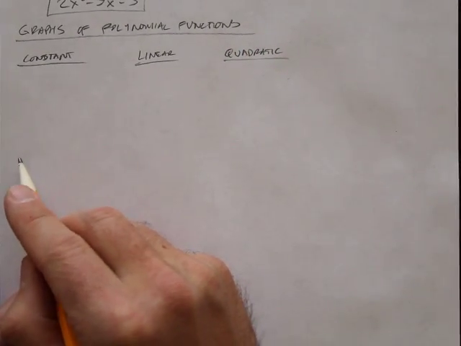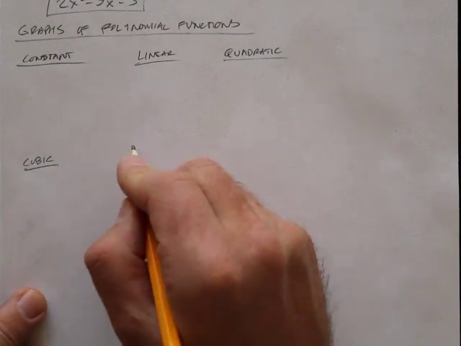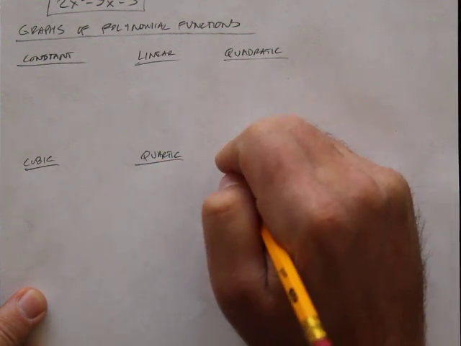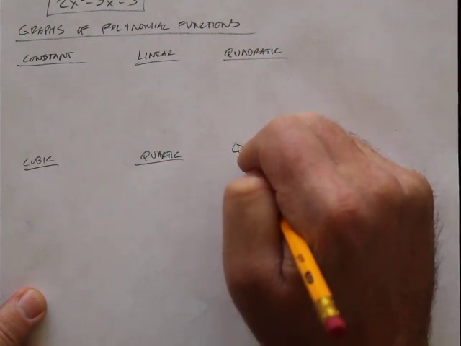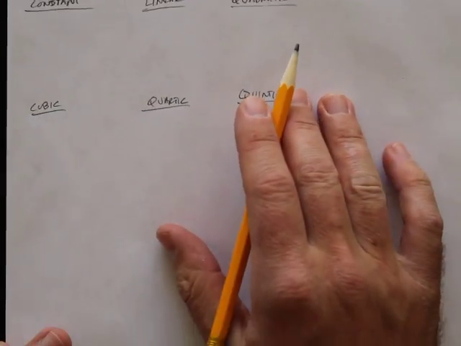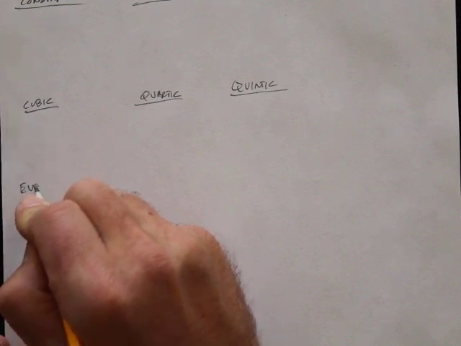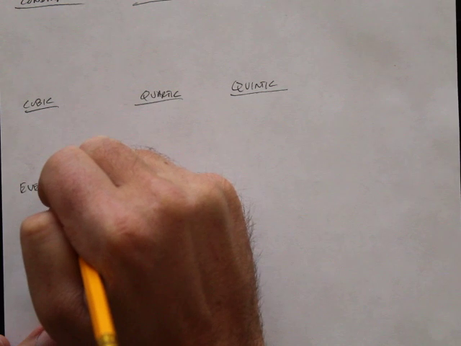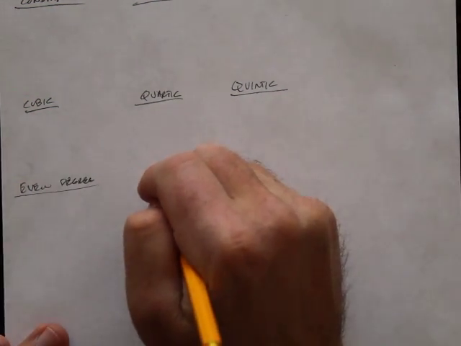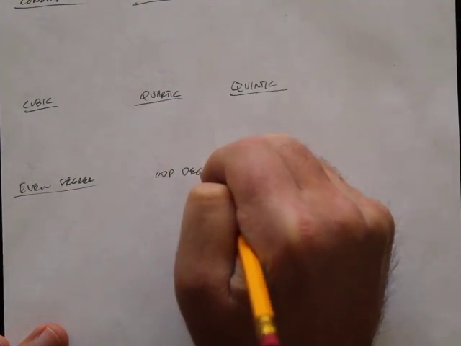I'm going to leave some space, and we're going to do a cubic and a quartic and a quintic. So these are ones that we didn't list. Also, we're going to look at even degree and odd degree. All right, let's draw some graphs.